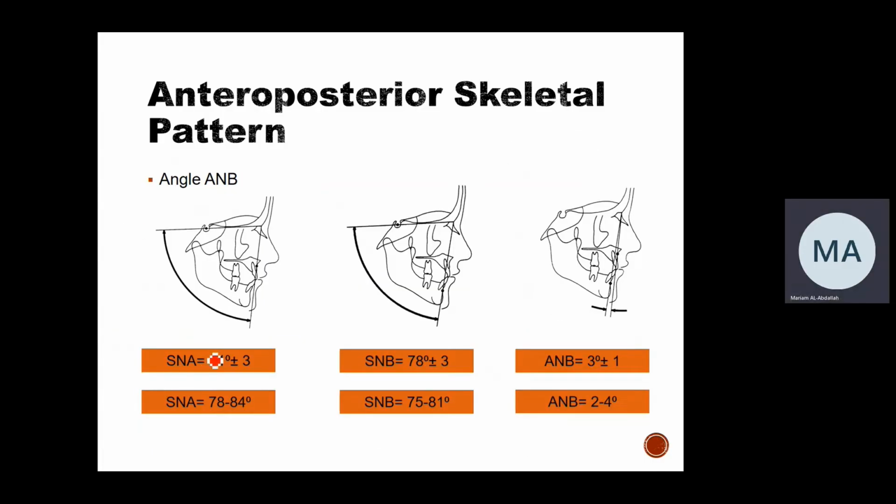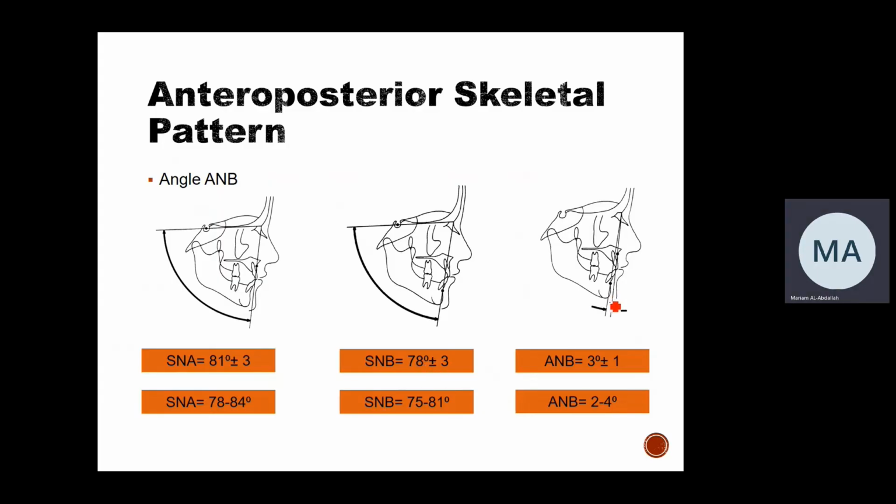So again, the SNA represents the anterior-posterior position of the maxilla in relation to the cranial base. The average is 81 plus or minus 3. SNB represents the position of the mandible in the anterior-posterior dimension in relation to the cranial base. The average is 78 plus or minus 3.